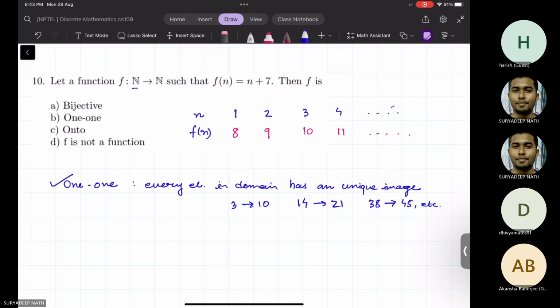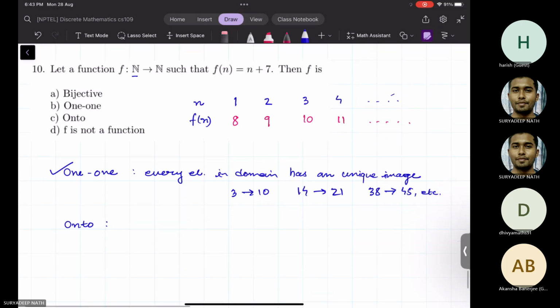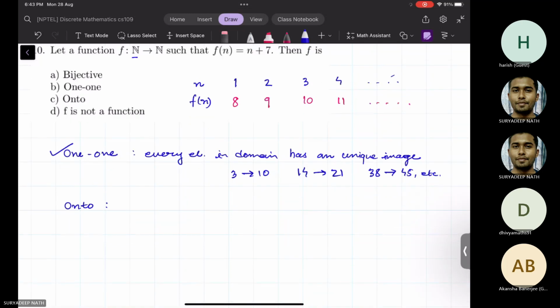Now let us explore whether it is onto or not. So what does onto mean? Again, every element in range has at least one pre-image. So it can have one or more pre-images.